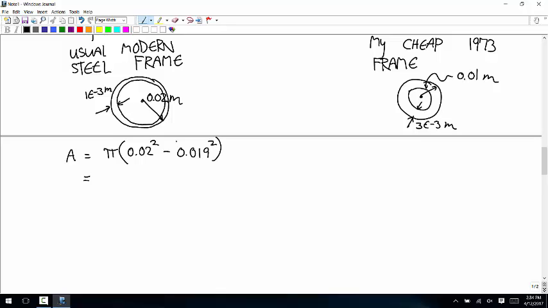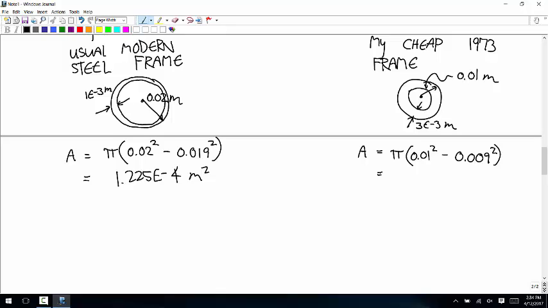It's 1 millimeter thick. So the outer radius is 0.02, the inner radius is 0.02 minus 1 millimeter. 1.225 times 10 to the minus 4 meters squared. And then this one is pi times 0.01 squared minus 0.009 squared.